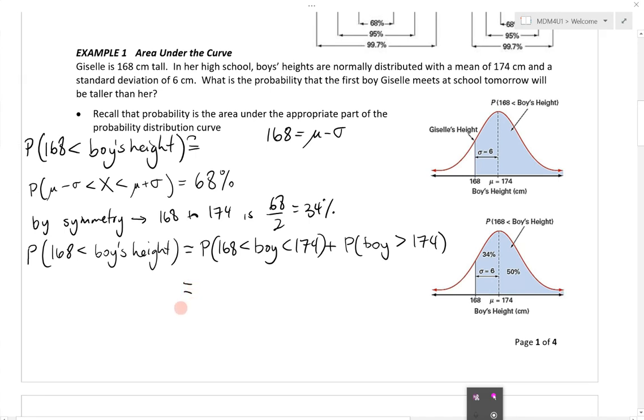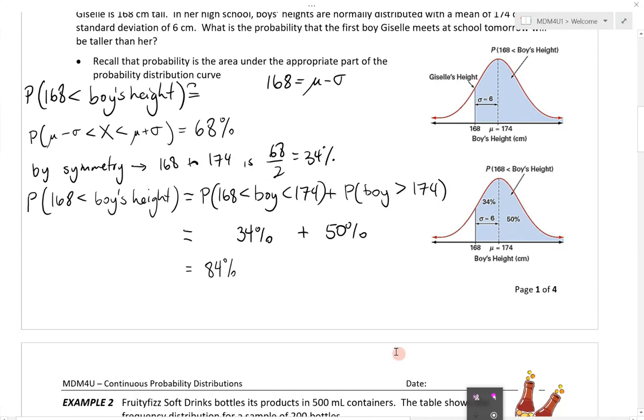So I can calculate this probability now as 34% plus 50%, and in total that will be 84%. Therefore, the probability that a boy Giselle meets at random is taller than her would be 84%. I'm going to continue example number 2 in another video.